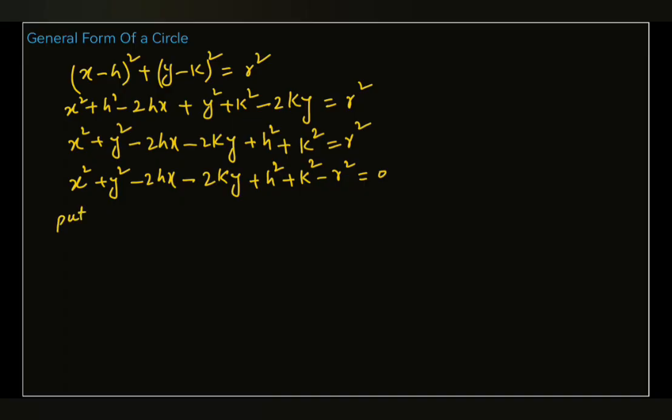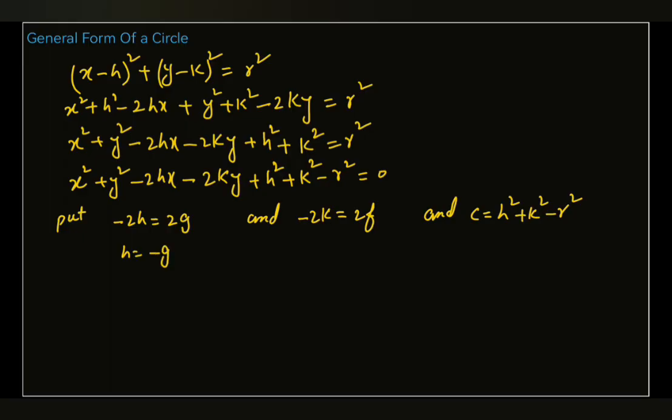Put minus 2h equal to 2g, minus 2k equal to 2f, and c equal to h square plus k square minus r square. Here we note that 2 will be cancelled by 2 and the negative sign will shift towards g. So h becomes negative g and k becomes negative f.